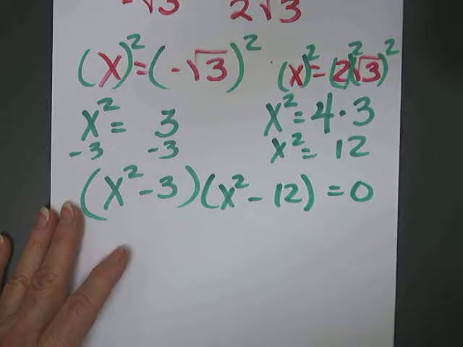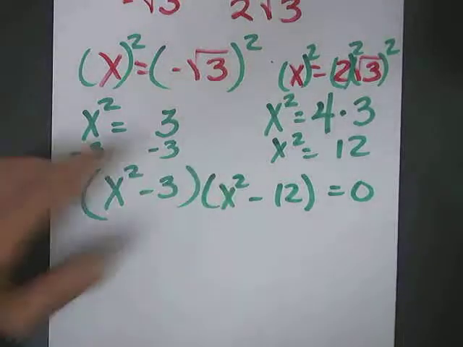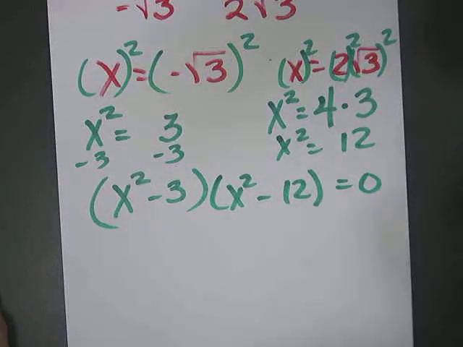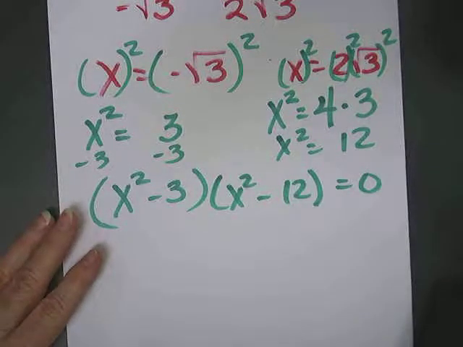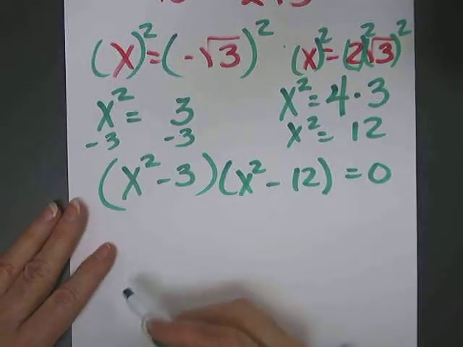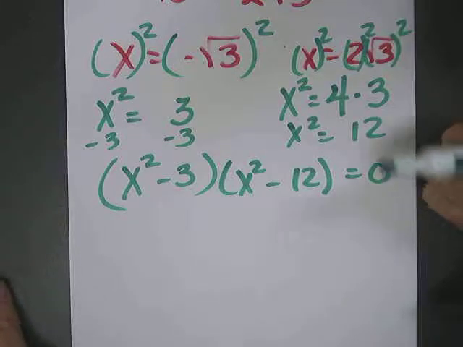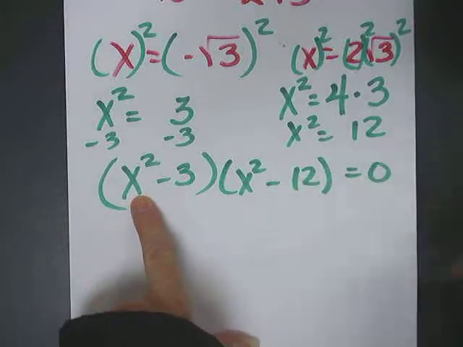If they add a plus or minus, we would do that first. This is squared and this is squared, so 2 squared is 4. Square root of 3 squared is what? 3. So x squared is 12x squared minus 12.